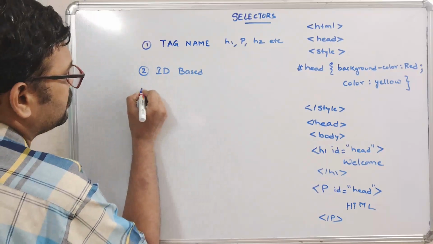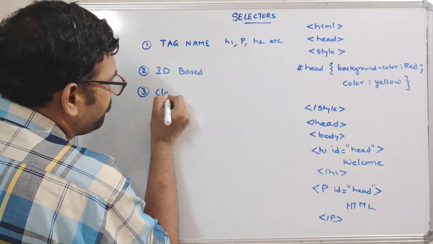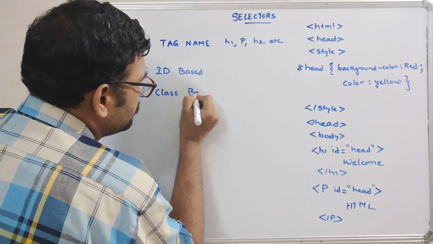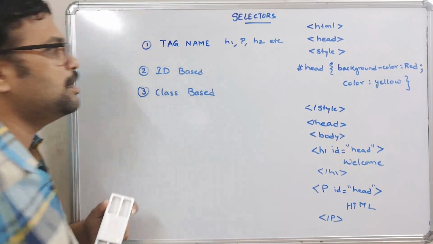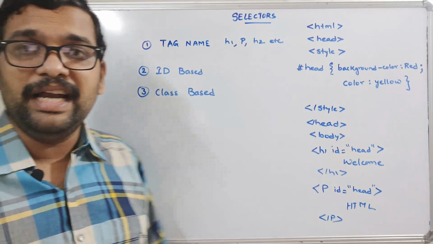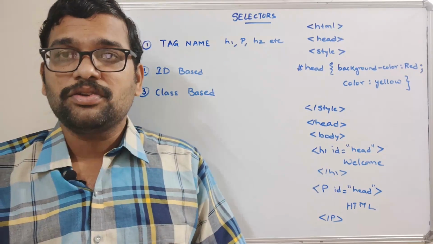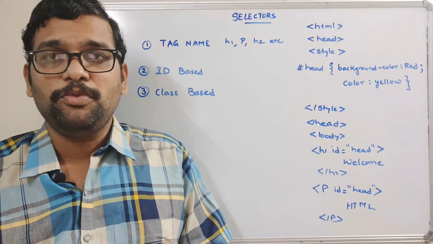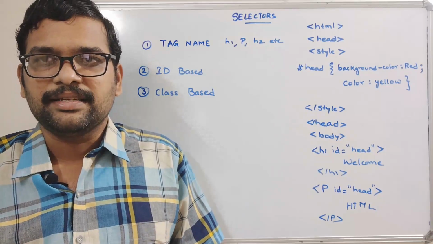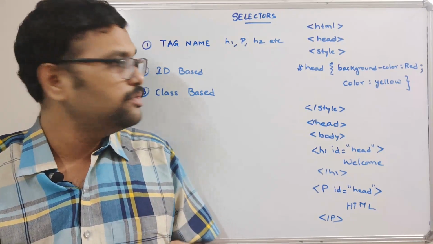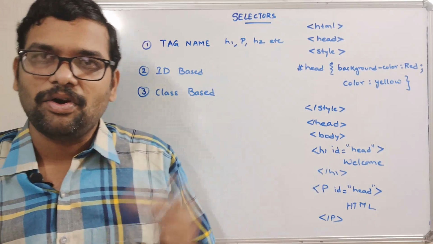And the third one is class based, similar to our ID based. Here also the class is a general purpose attribute for all the tags. For each and every tag we can use the common attribute called class or ID.